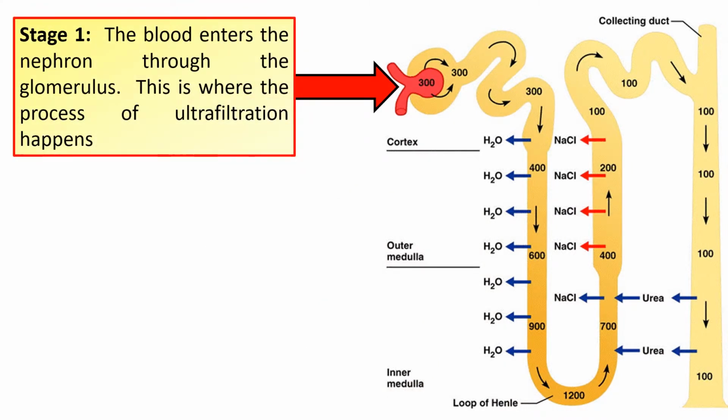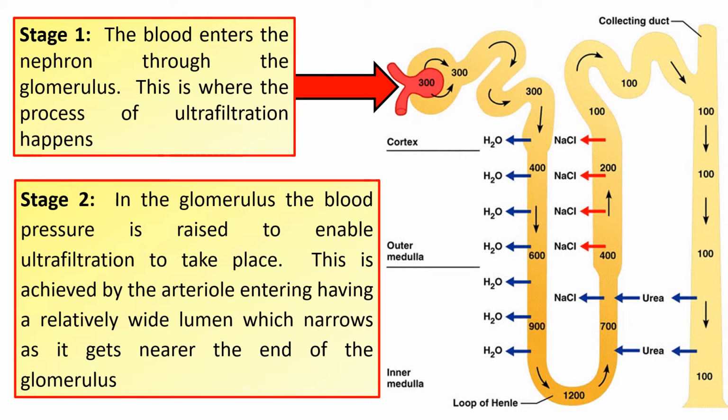The first stage in the function of the nephron is where the blood enters the nephron through the glomerulus. This is where ultrafiltration happens. In the glomerulus, the blood pressure is raised as the blood is passing through small capillaries.